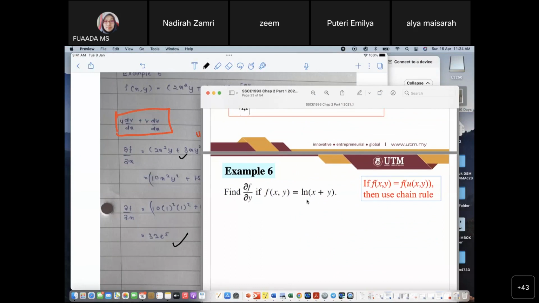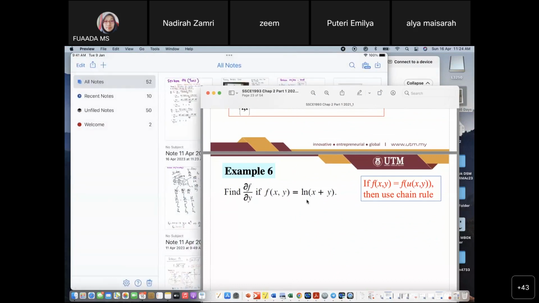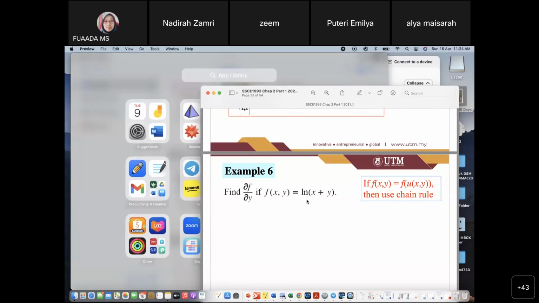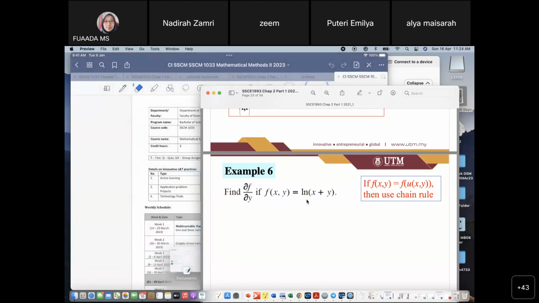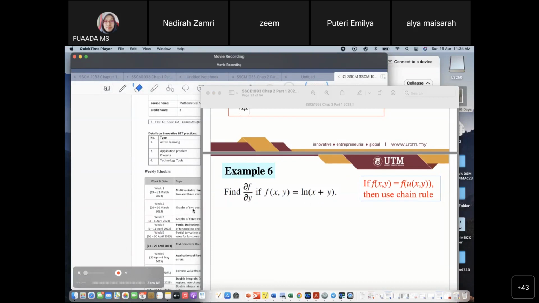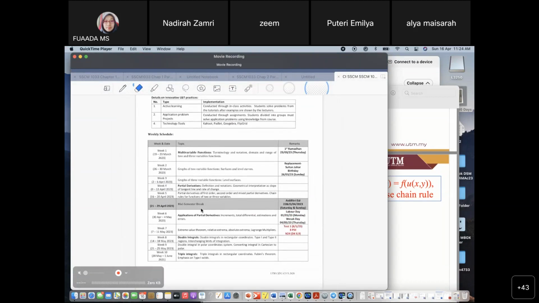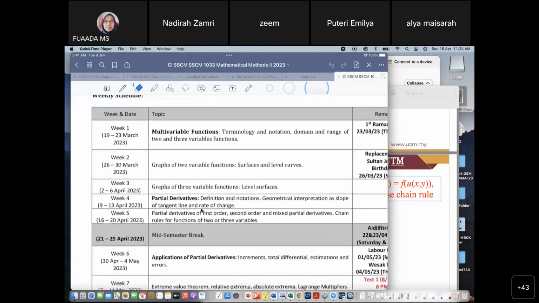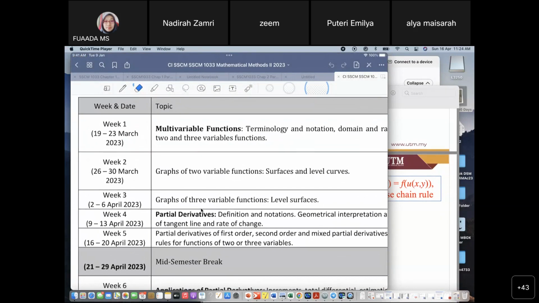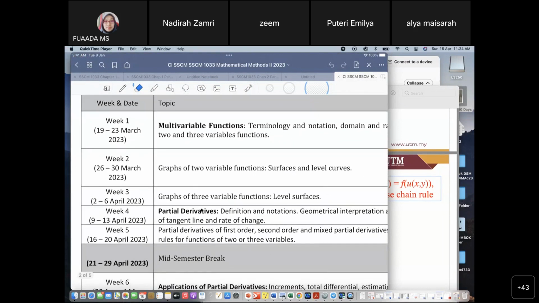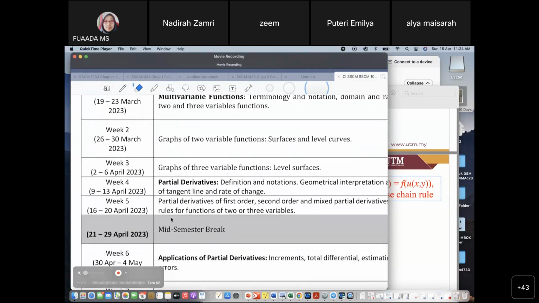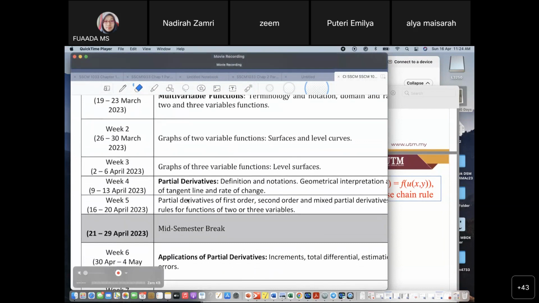So if you look at your course information, week 1 to week 5, what is the topic that you have to prepare for your test 1? All of chapter 1 will be in test 1, plus last week's partial derivative.